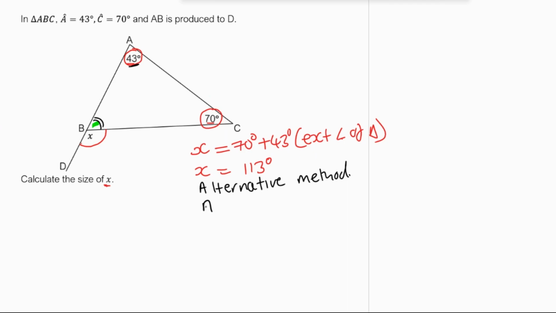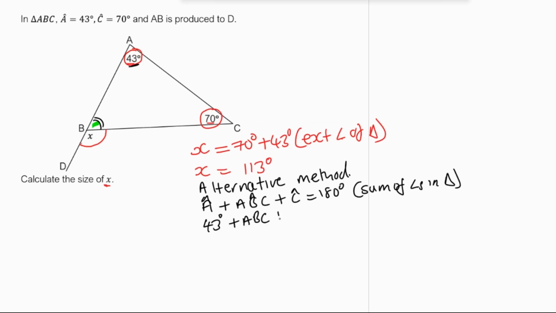So we're saying angle A plus angle ABC plus angle C is equal to 180 degrees, sum of angles in triangle, right? So we say 43 plus angle ABC plus 70 degrees is equal to 180 degrees.